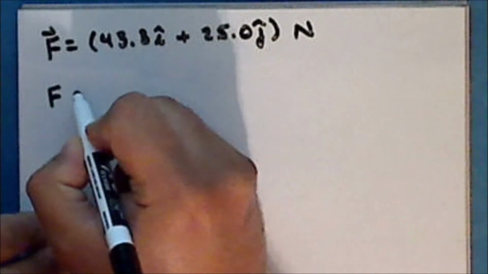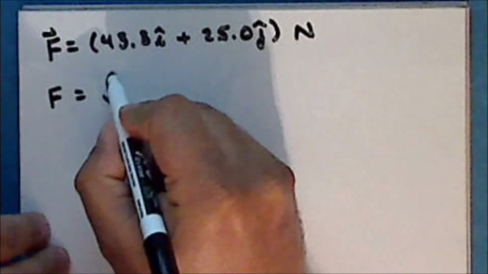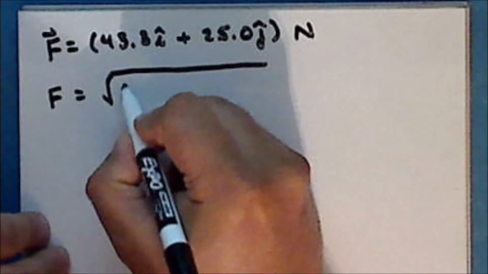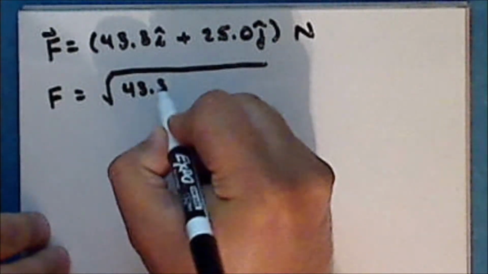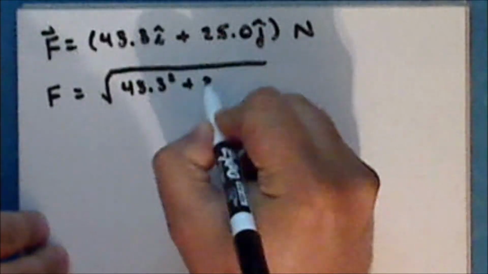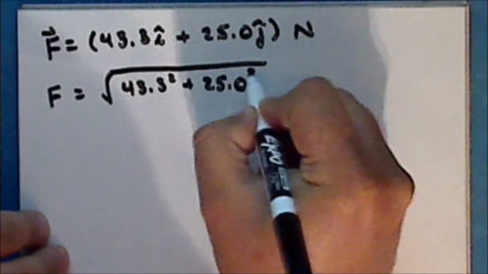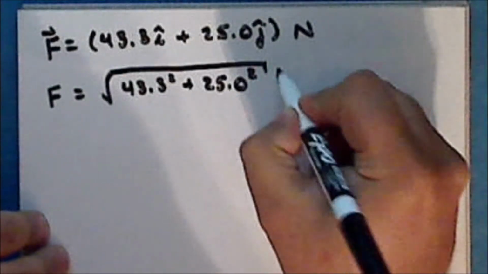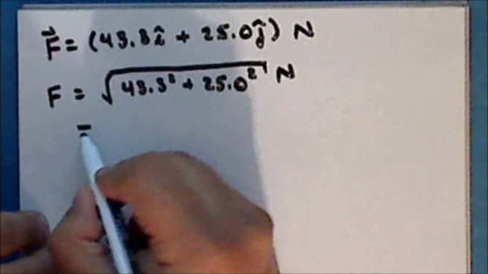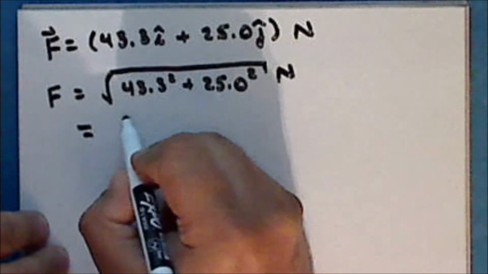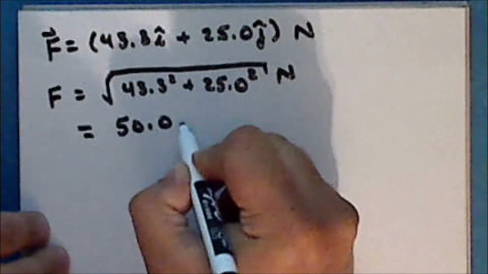So the magnitude of the force is equal to the square root of 43.3 squared plus 25.0 squared in units of newtons, which to three significant figures is 50.0 newtons.